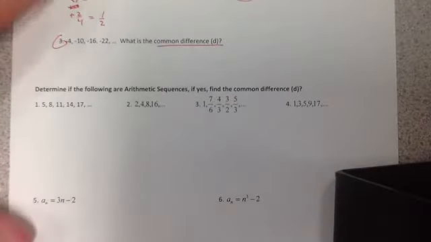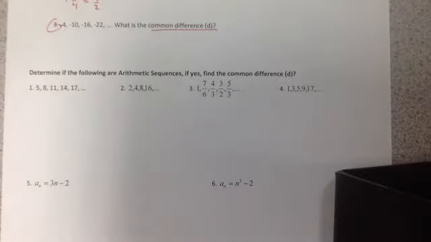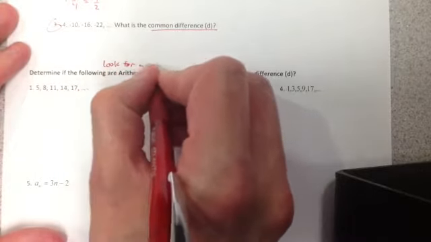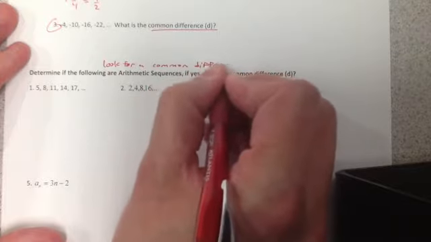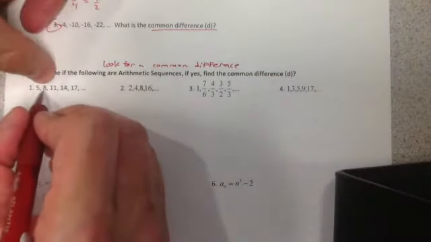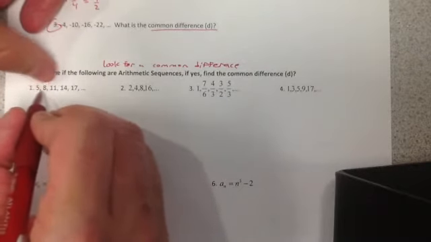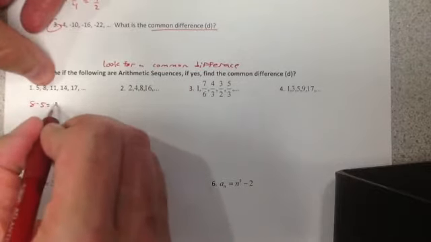And let's take a look at down here. Determine if the following are arithmetic. To determine if something is arithmetic, we're looking for a common difference. And how do we get a common difference? Very simple. I take the next term and subtract it from the previous term. So I'm going to take 8 minus 5. That's 3.